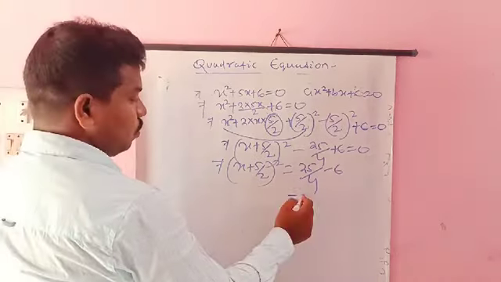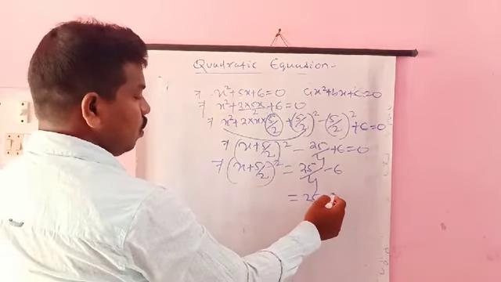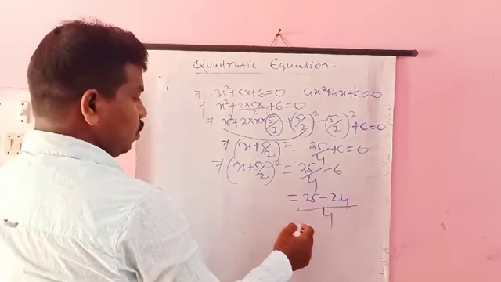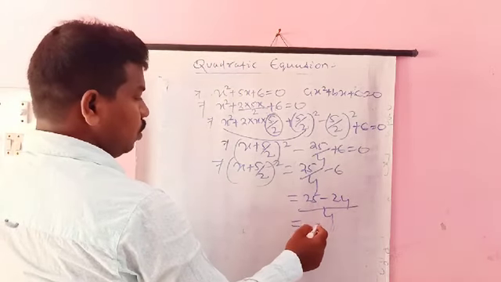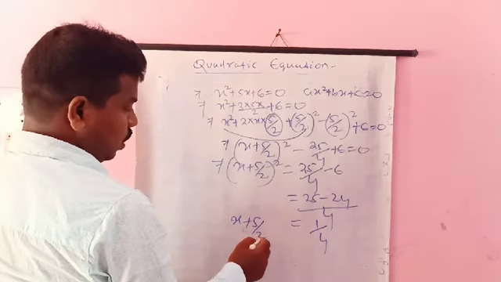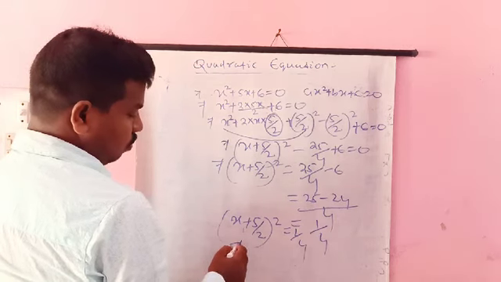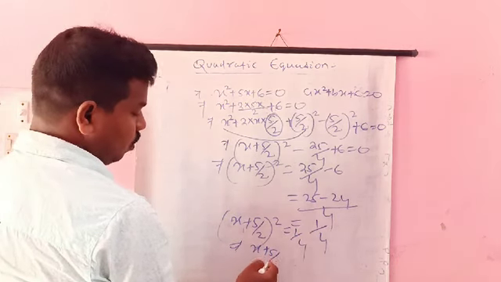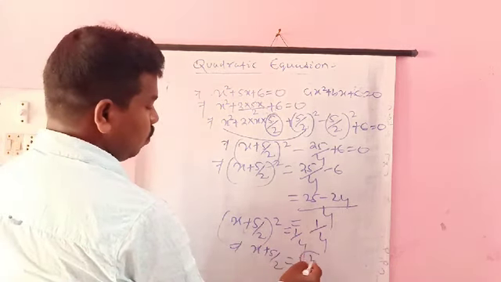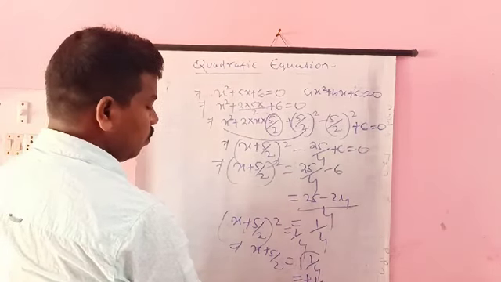With LCM, 6 becomes 24 by 4. So 25 minus 24 is 1 by 4. So (x plus 5 by 2) whole square equals 1 by 4. That is x plus 5 by 2 equals root of 1 by 4, which is plus minus 1 by 2.